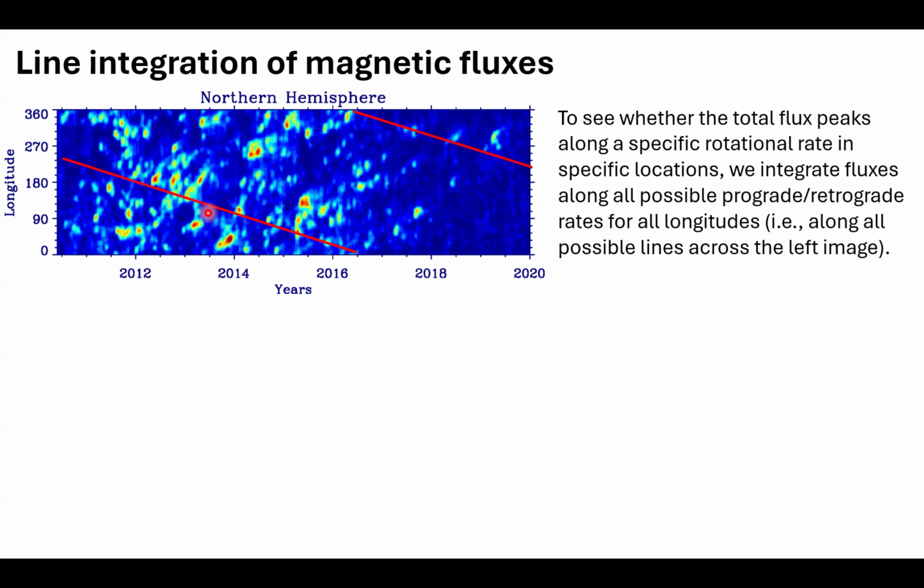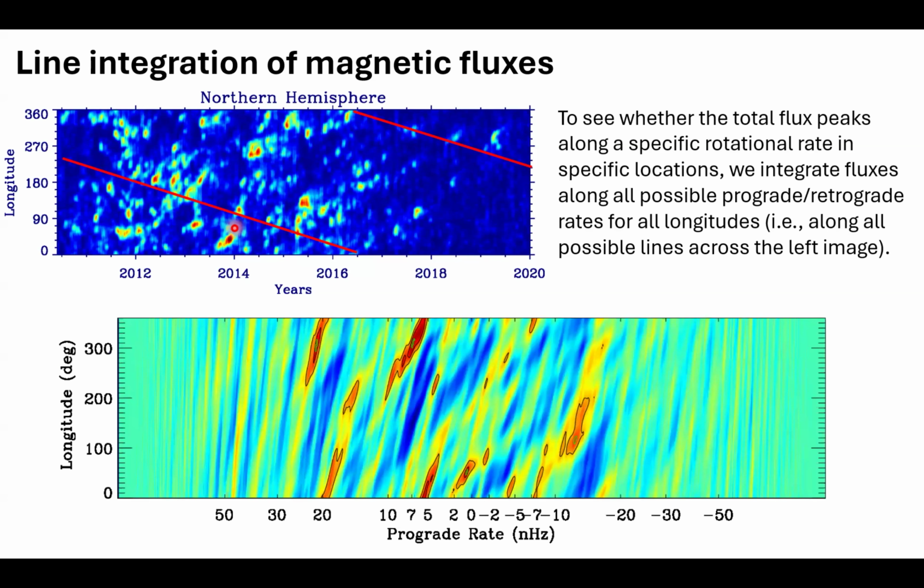So this is the integration: the horizontal axis is the prograde or retrograde rate we select, and the vertical axis is longitude. So we are able to see just a few flux concentrations. The flux concentration tells us along which line most of the active regions prefer to align.